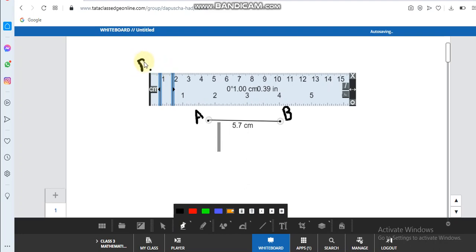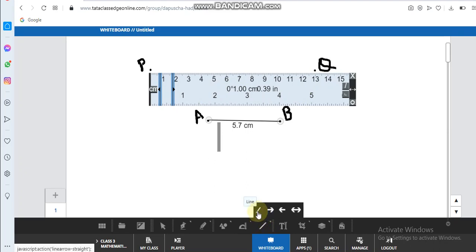I am writing it P. Okay, now next at 13 centimeter. See, so mark the second point here. And name it with a capital letter. So I am writing Q, and then you have to join with the help of your ruler and make a straight line.